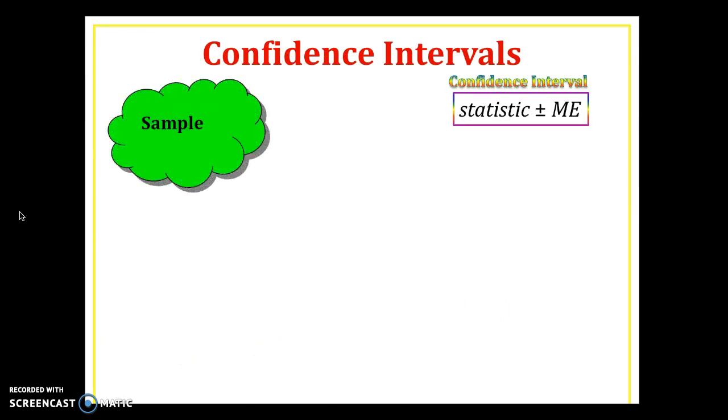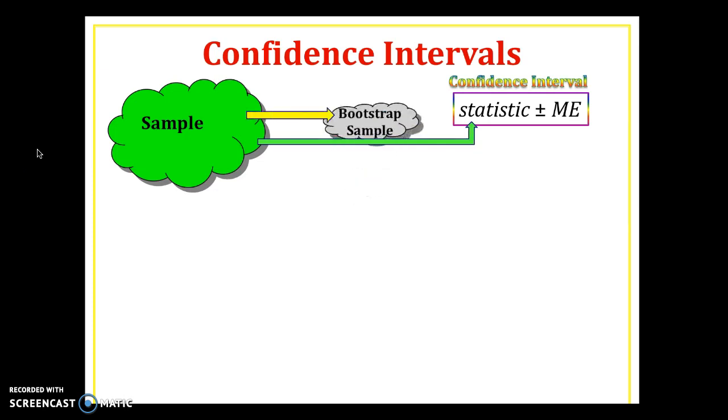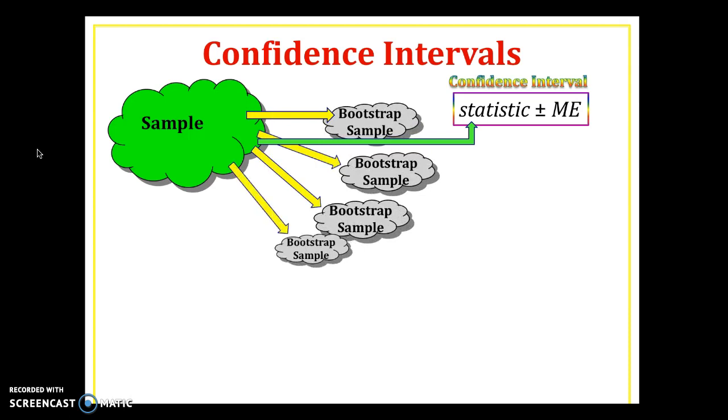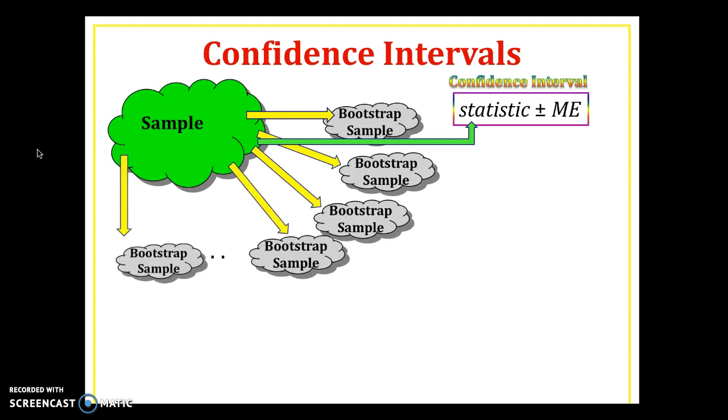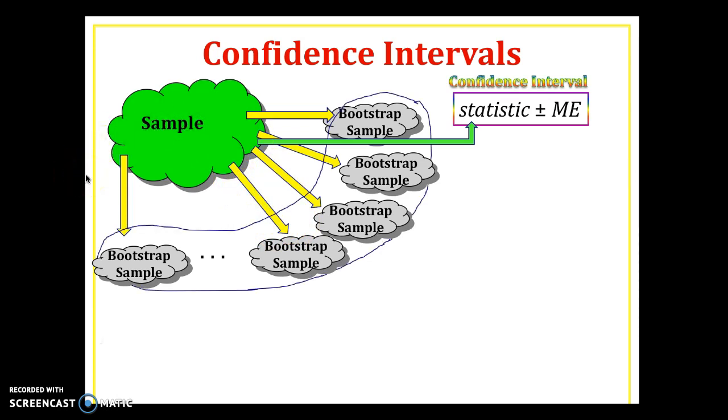So instead of the population, we're going to take one sample. From that sample, we compute the statistic, the center. But from the sample, we're going to create a bunch of different bootstrap samples. And remember, all these bootstrap samples are the same size as the original sample, and they are computed from the sample via random sampling with replacement.